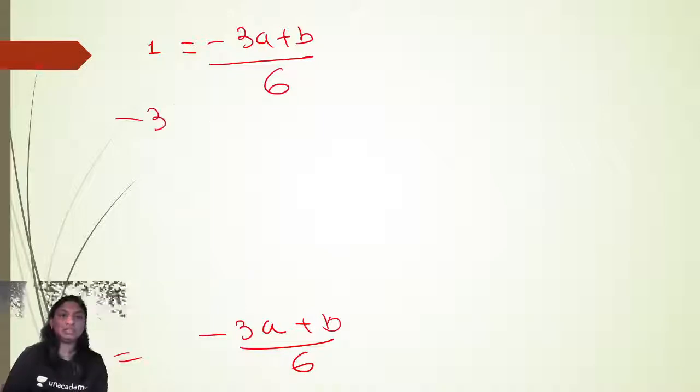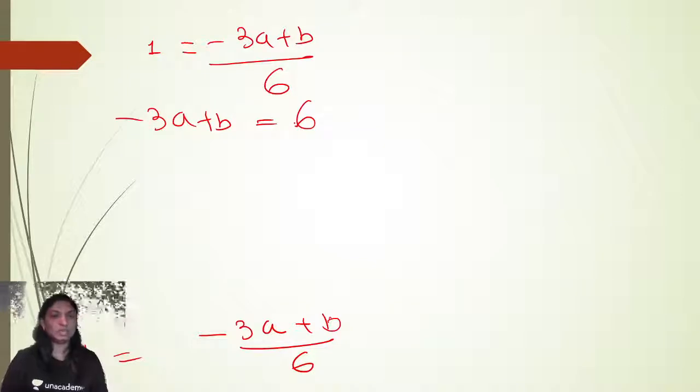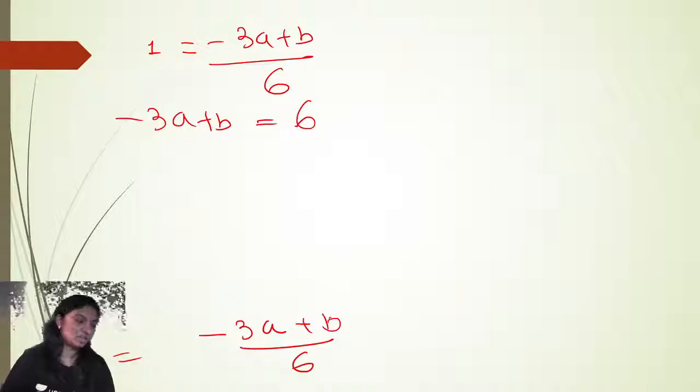So here minus 3a plus b is equal to 6. Right? Minus 3a plus b is equal to 6.